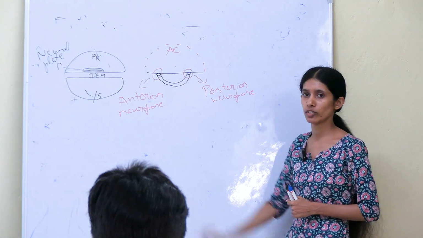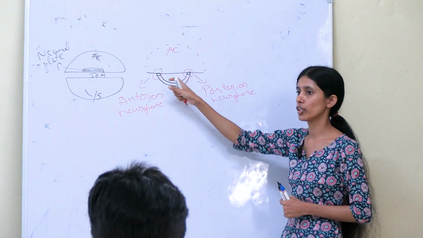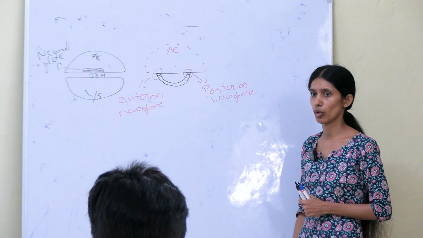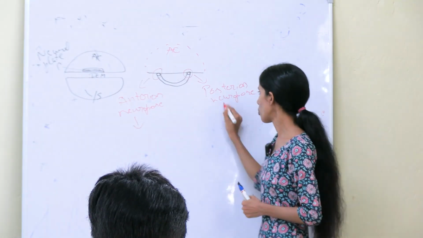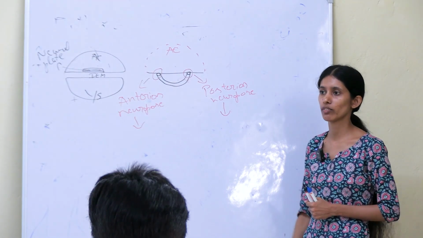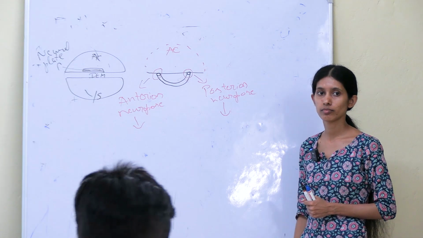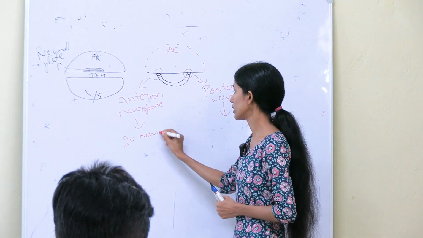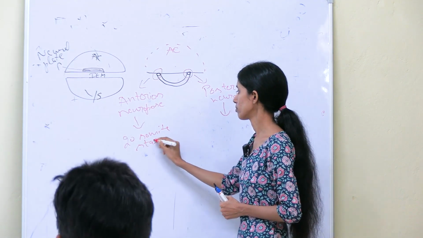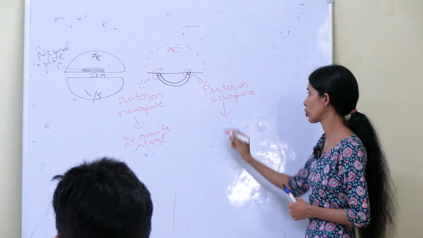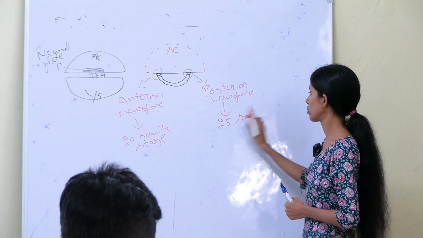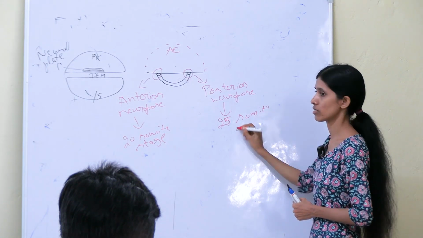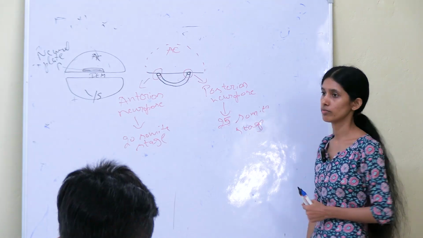But by the end of the third week, your neural tube will get separated from your amniotic cavity. At which somite stage will it get closed? Your anterior neuropore will get closed at the 20th somite stage, and the posterior neuropore will get closed by the 25th somite stage.